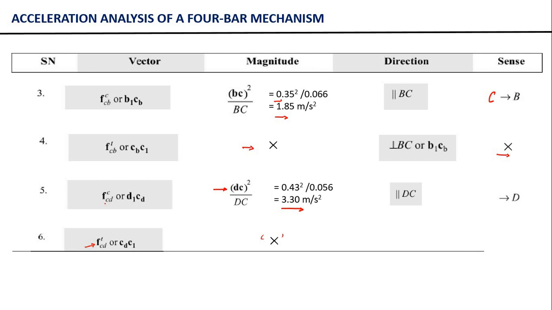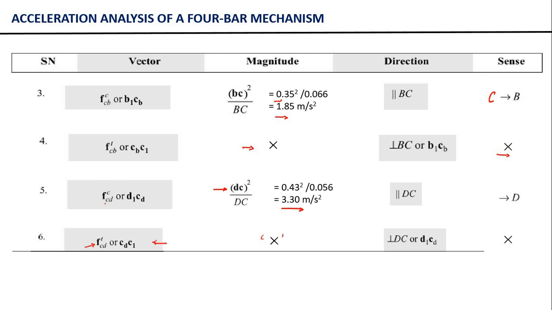Yes, the direction is known. It is perpendicular to DC. Do we know the sense? Obviously the sense is not known. Again, we don't know whether this vector is pointing downward, upward, left side or right side. So the sense is not known to us. Let us mark the cross sign in the table corresponding to this vector.